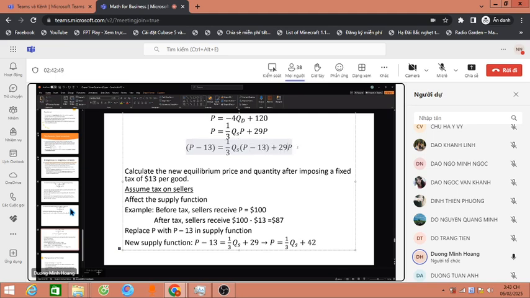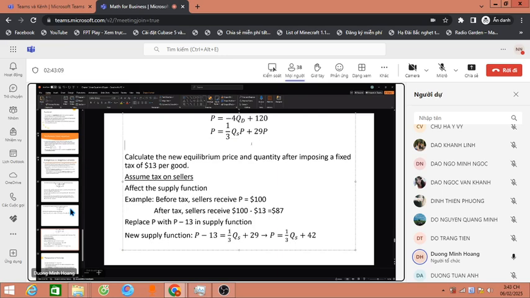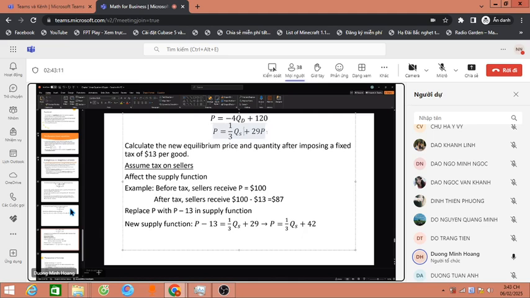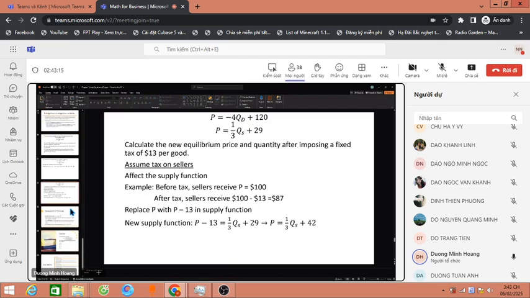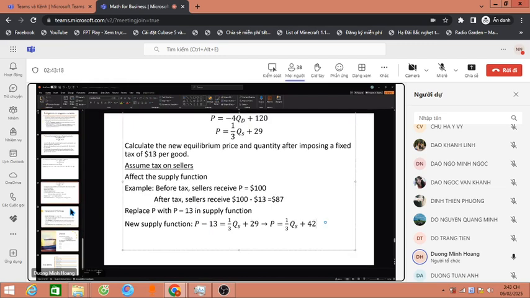Everywhere that P appears, you have to replace it with P minus 13. This is a more complicated scenario. In this case, we only have P on the left side, no P on the right side. So here is our new supply function.